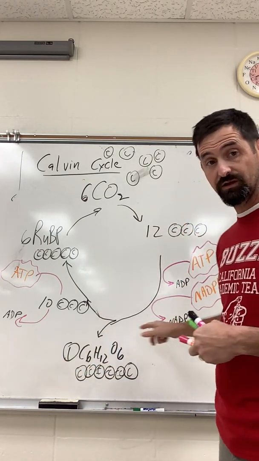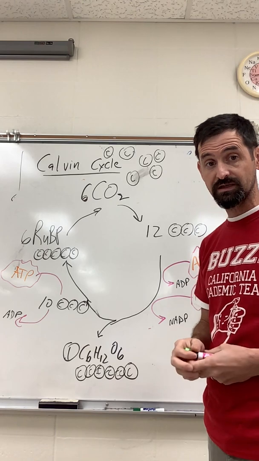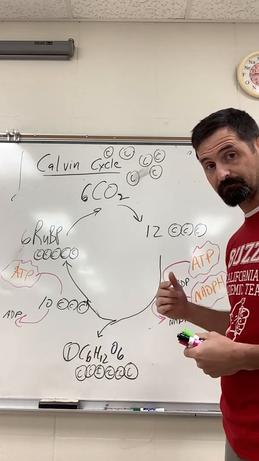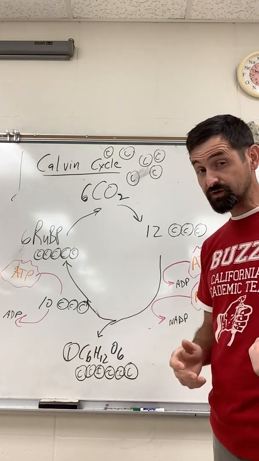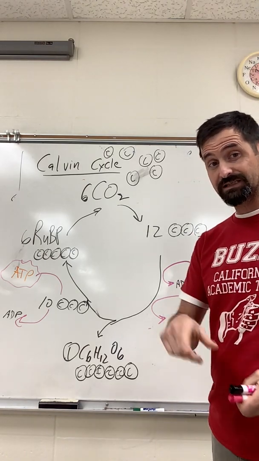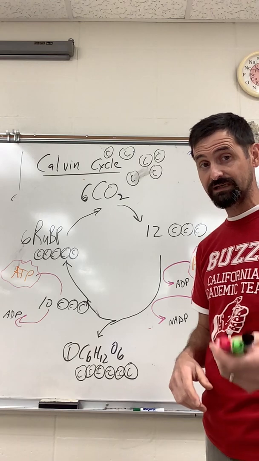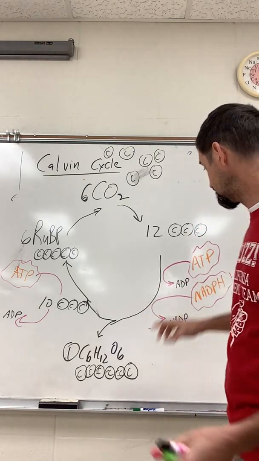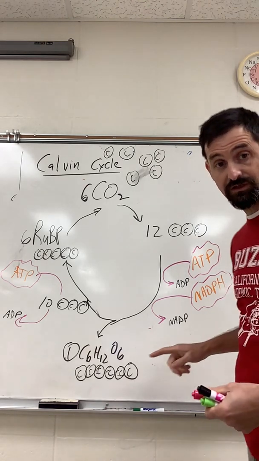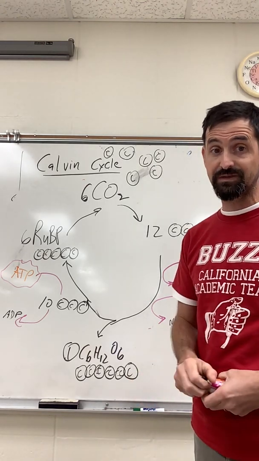This cycle, or sequence of chemical reactions, requires energy to maintain. If you don't put in energy, it won't keep going. So this also brings up a good point. If light isn't shining on a plant and that plant is not doing the light reactions, you are not getting ATP and NADPH, and therefore you can't keep this cycle going.